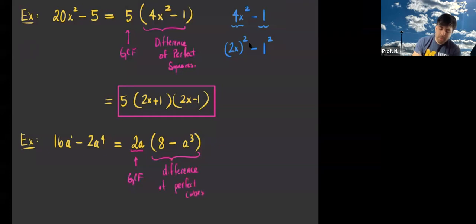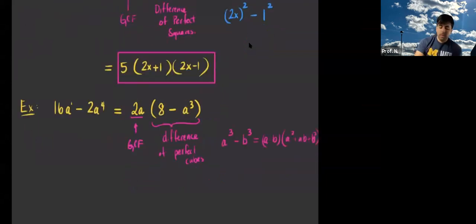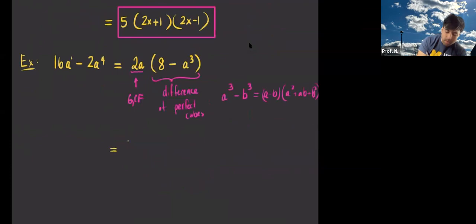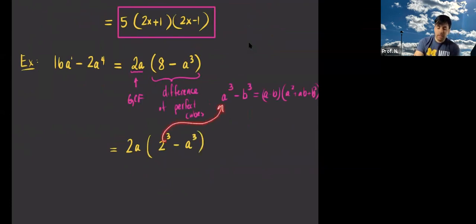So you've got to remember, what is the difference of perfect cubes? It's a cubed minus b cubed equals (a minus b)(a squared plus ab plus b squared). That's the form. So then I can rewrite this as 2 cubed minus a cubed. Now look, it has a direct correspondence to this form here. So now all I have to do is plug it into the factorization.